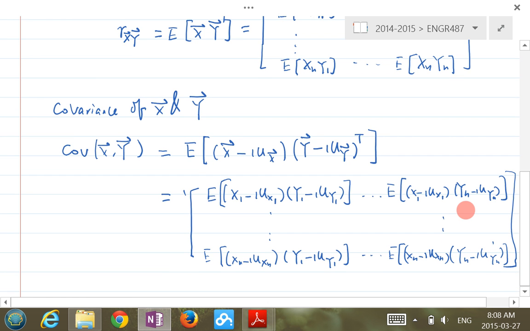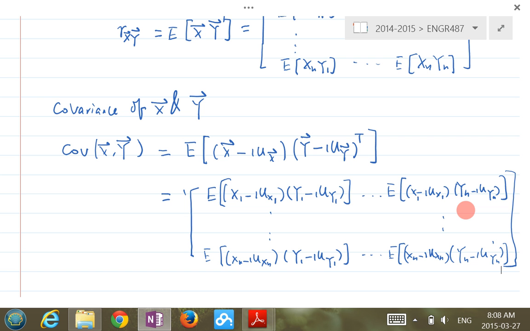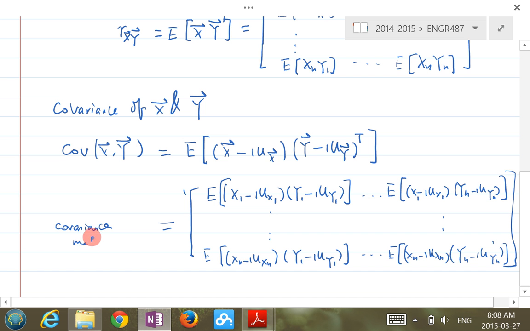Now this has become a covariance matrix. When you have just two single random variables, what you have is a single scalar covariance, so more precisely, this is called a covariance matrix.